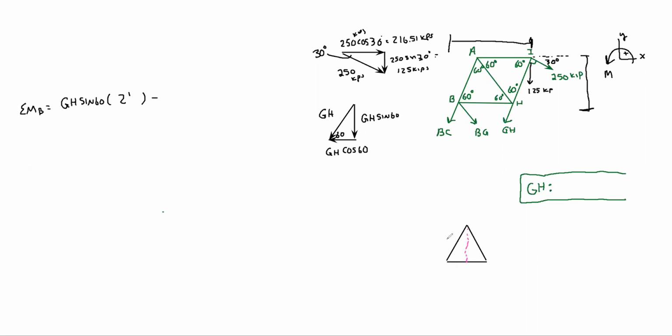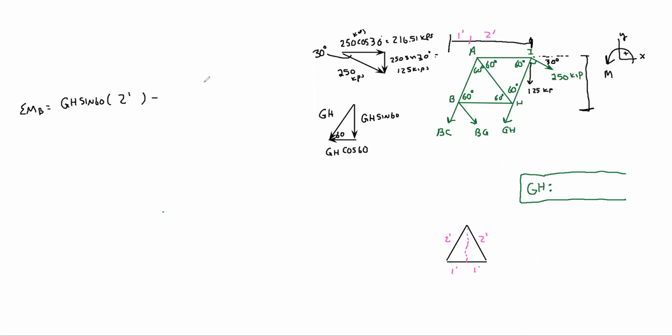So if this is 2 foot, and we know that these are all 60, each one of these is 1 foot. So if I to A is 2 feet, then this additional piece right here is 1 foot.